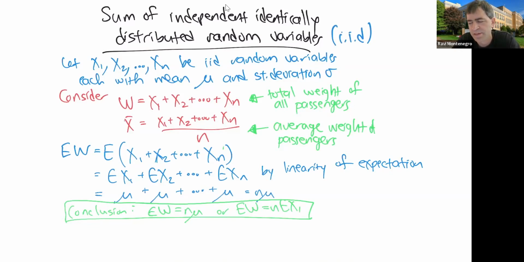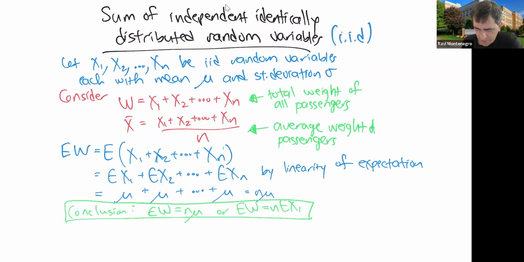And it would be even more extreme if we had kids separated as well. If I had men, women, and children all separate, then I wouldn't take the weight of a child and multiply it by 150 to get the whole flight. I would have to look at how many kids, how many men, how many women. But here, we haven't separated it by age or gender. We just have passengers as a big population.